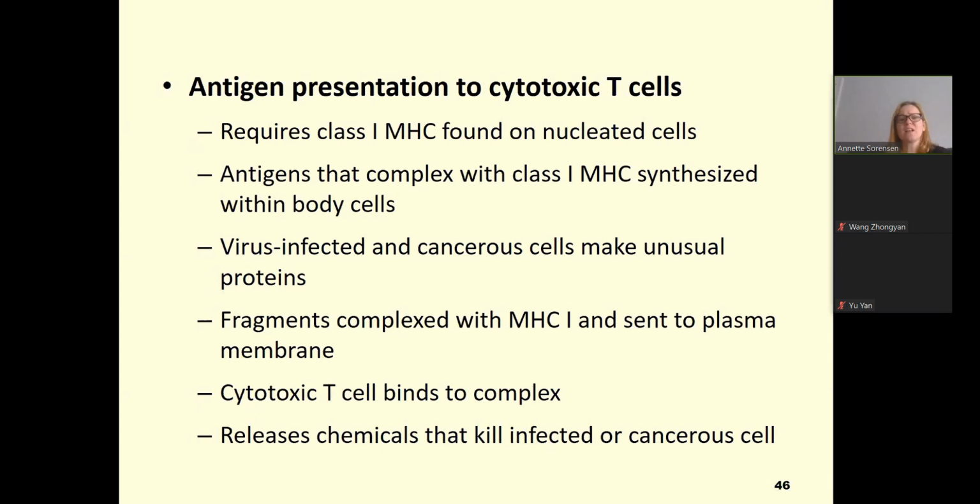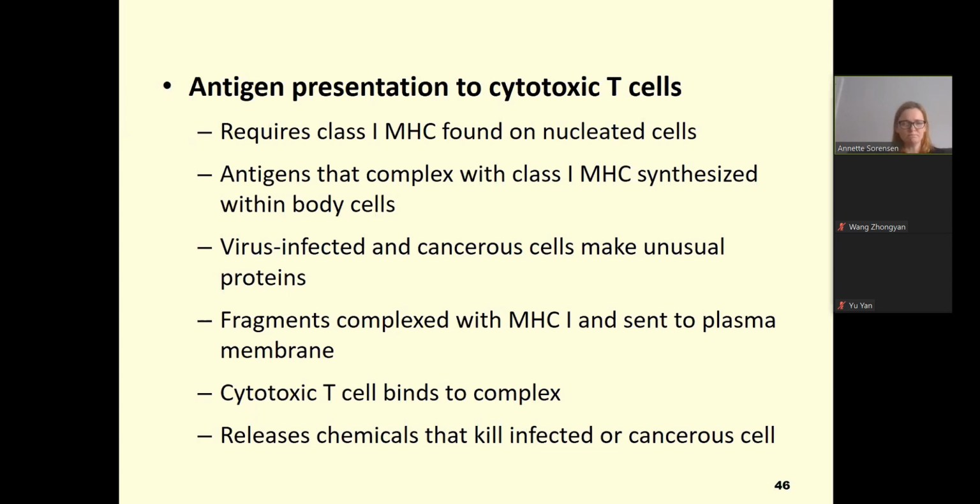Virus-infected cells and cancer cells very often express these unusual proteins, which are fragmented with this MHC1 complex. And you then get presentation on the cell membrane of an MHC1 complex, which has been complexed with these unusual proteins that are made by virus-infected and cancerous cells.